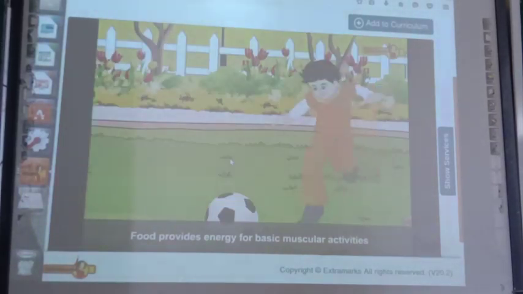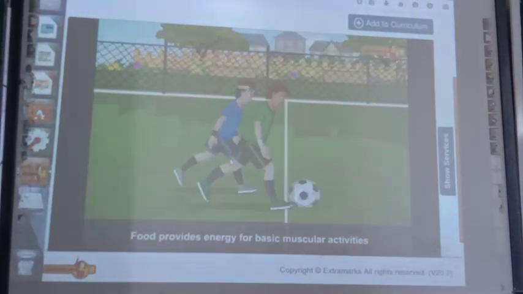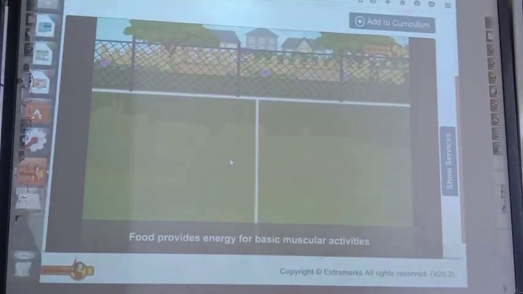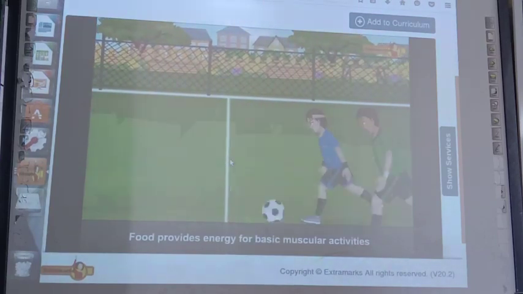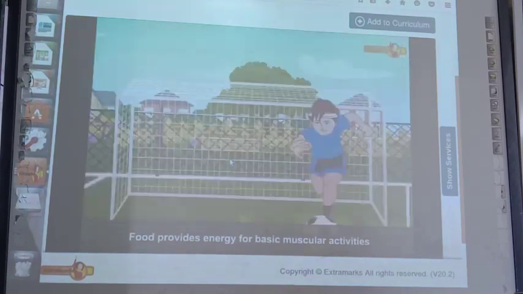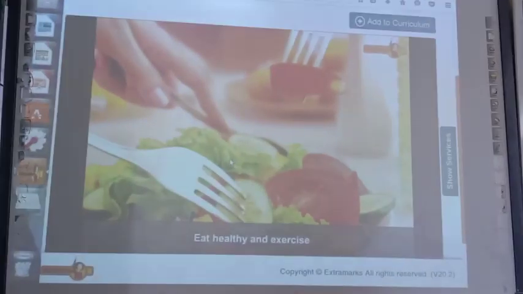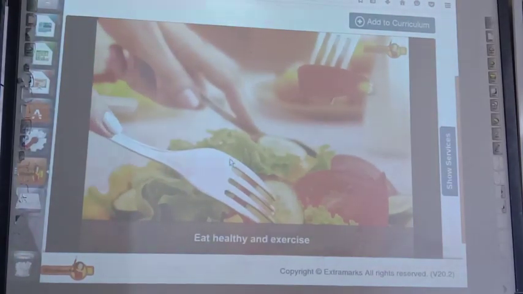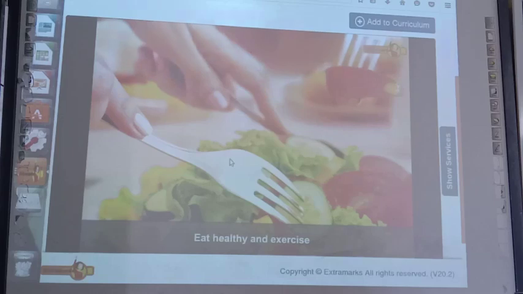Food provides energy for basic muscular activities and also provides necessary warmth to the body for the maintenance of body temperature. So, by eating healthy and exercising, you can enjoy life.